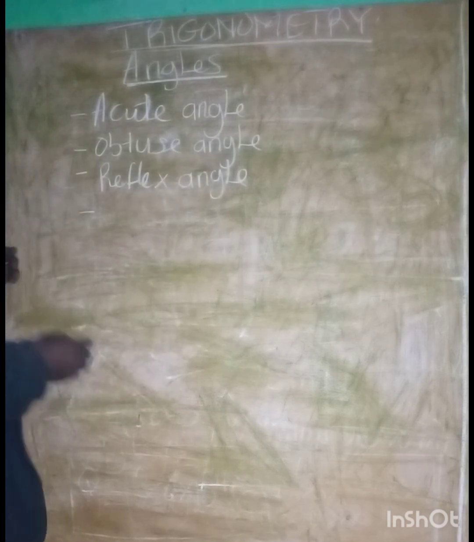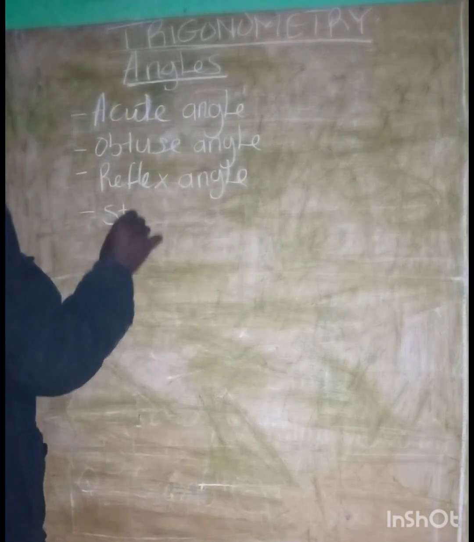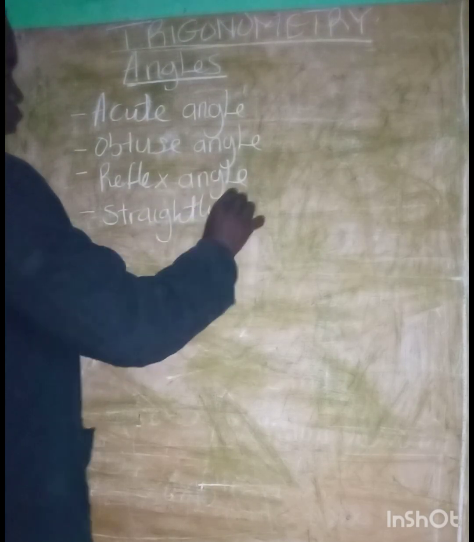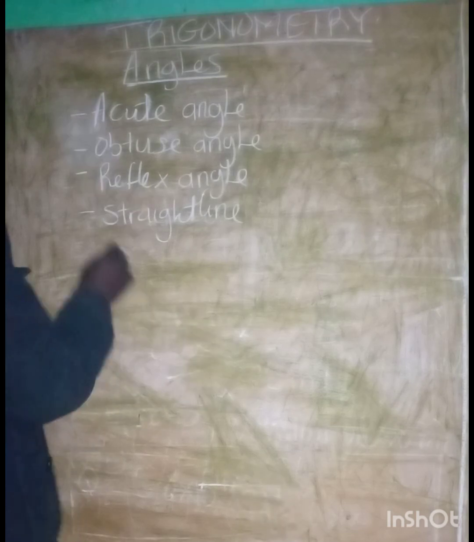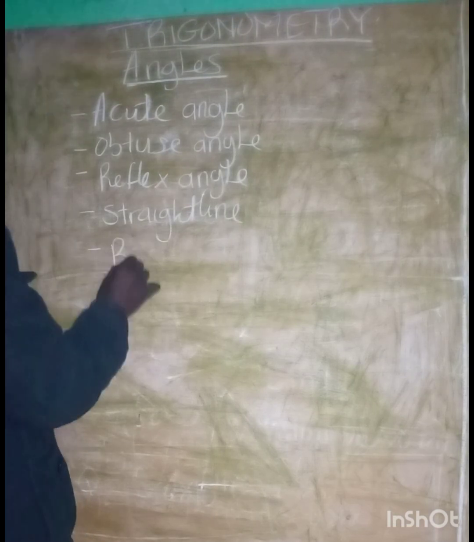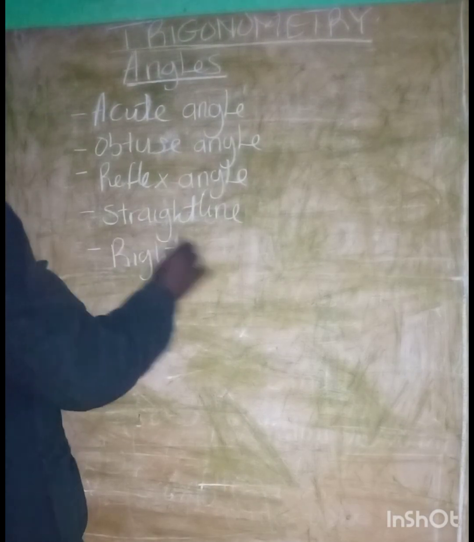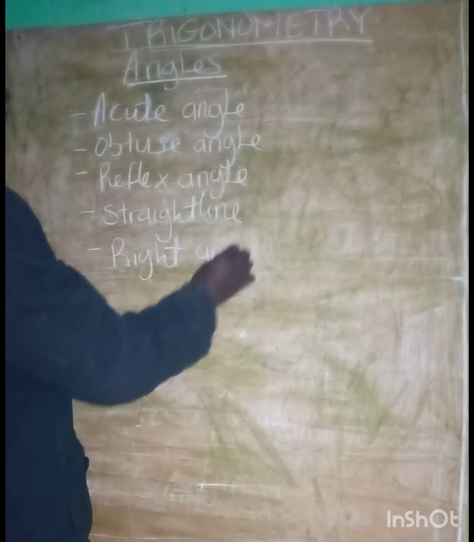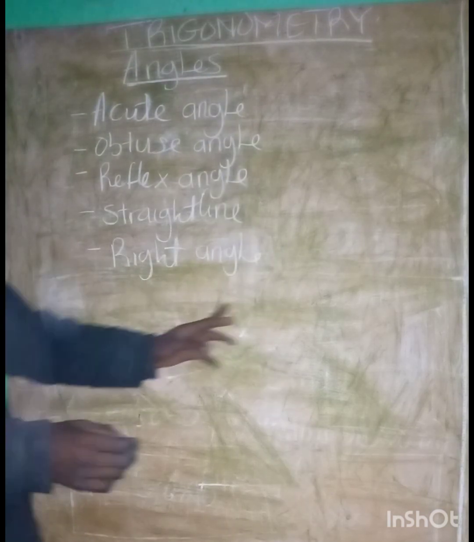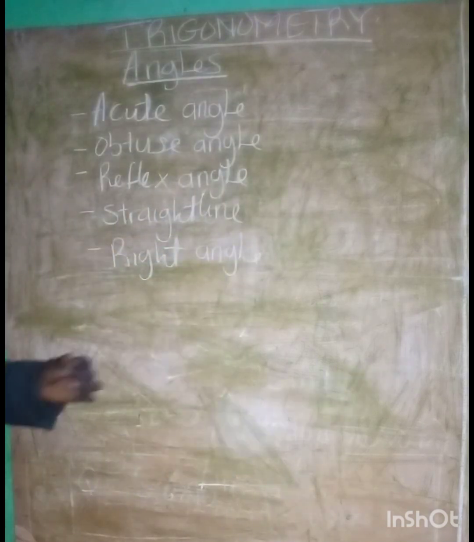Then in this case, we have the straight line angle. And the last case, what angle do we have? We have the right angle. Great. So these are the 5 main kinds of angles that we have.